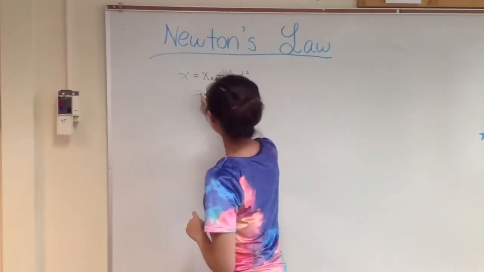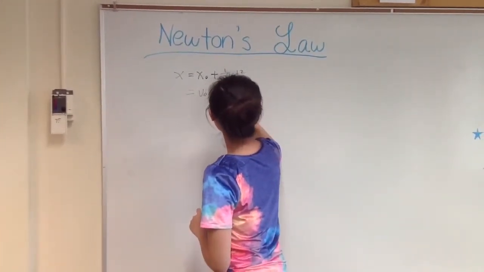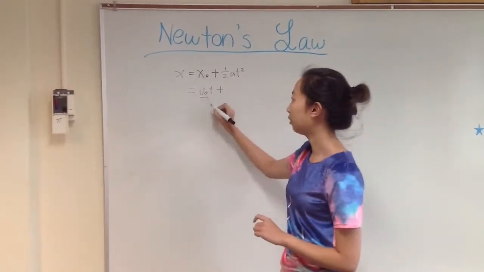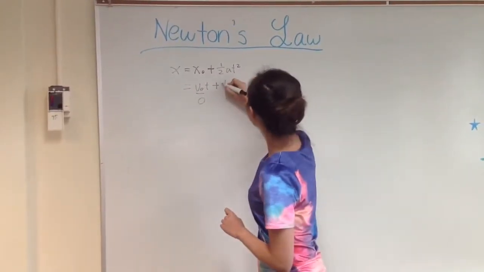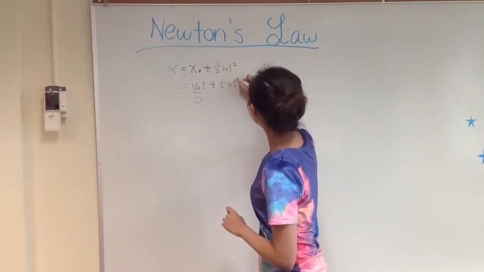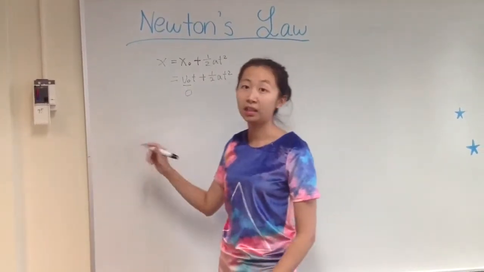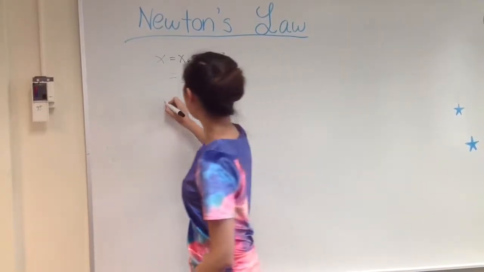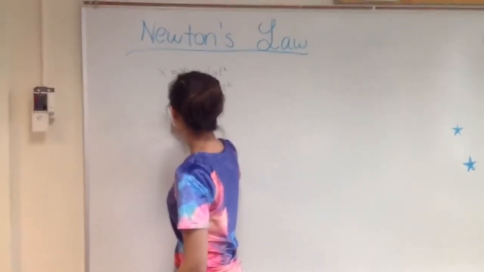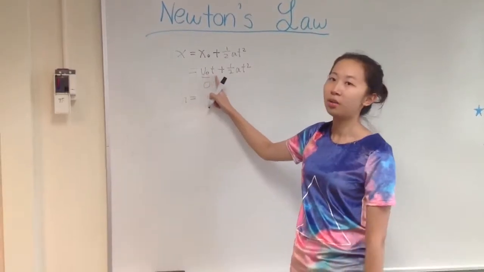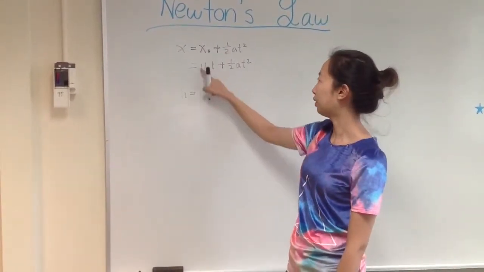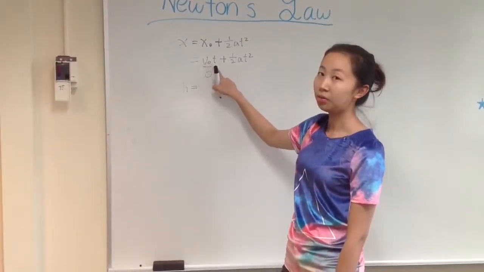At this time, our initial velocity v would be 0, and then the position would be the height that we dropped from in different places, so it would be h. And since the original velocity is 0, the v times t will be 0.